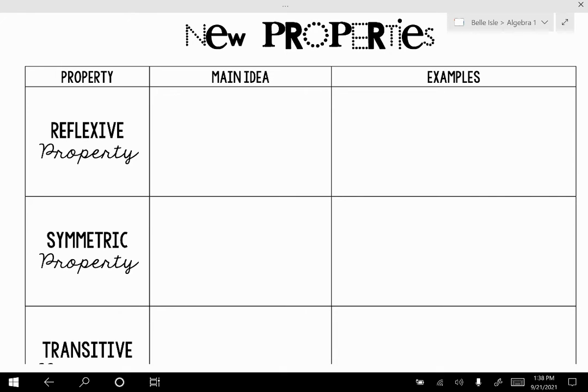Okay, this property is, I would say, the easiest to understand. Reflexive property. Anybody know what it means? Adam, it was a perfect answer. A value always equals what?